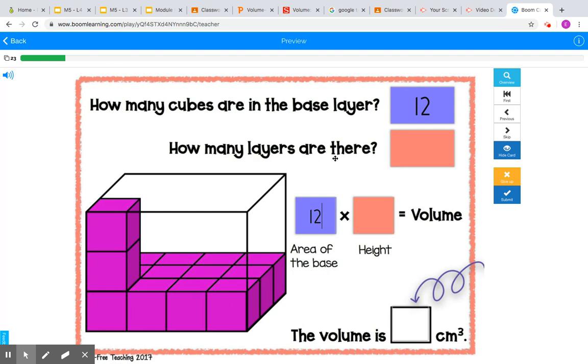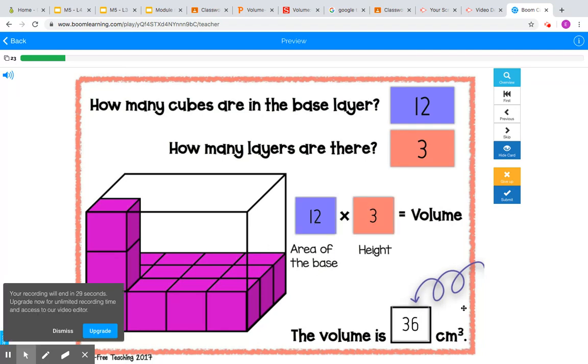But how many layers do I need to stack on top of each other to fill my entire structure? Or what is the height going to be? 1, 2, 3. I would need 3 layers of 12. If I had 3 layers of 12 cubes, I would need 36 total cubes.